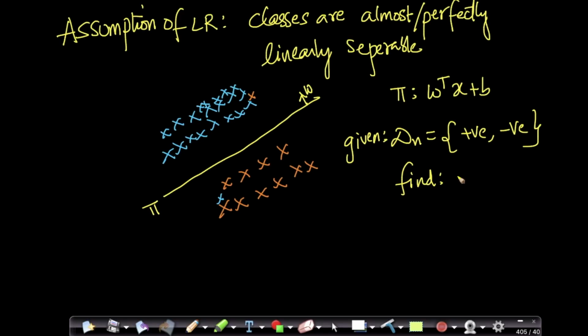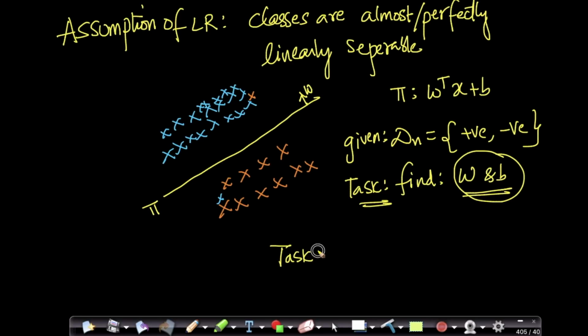You have to find W and b, because if you find W and b, you have discovered the plane. That's the task in logistic regression: to find W and b, which corresponds to the plane, such that this plane separates your negative points from your positive points. That's the task. The task needs to be very clearly understood.